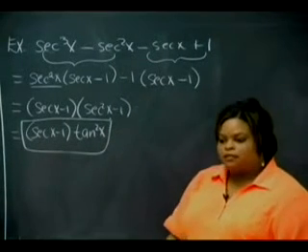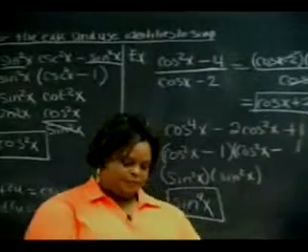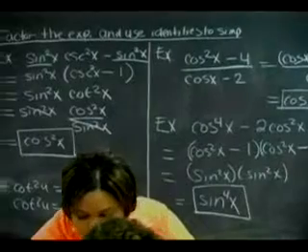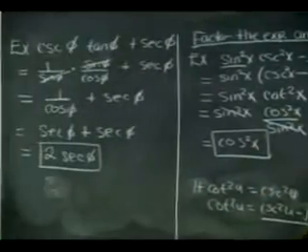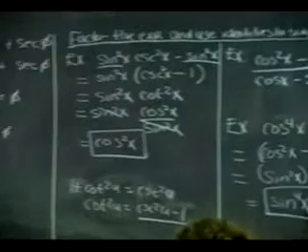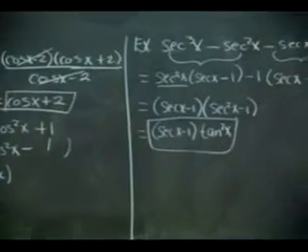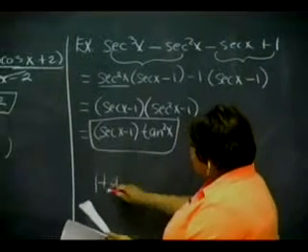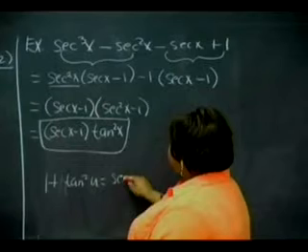Where is that on there? Pythagorean identity here: 1 plus tangent squared u equals secant squared u.